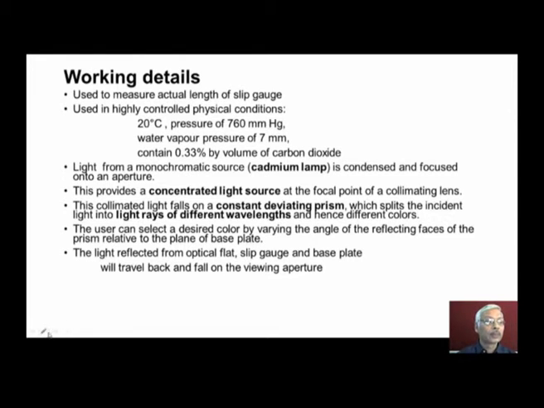Now this type of interferometer is used to measure the actual length of the slip gauge, and these interferometers are used in highly controlled physical conditions, like the temperature will be 20 degrees Celsius and the working pressure in the chamber where the workpiece is placed is 760 millimeter mercury, and water vapor pressure will be 7 millimeter, containing 0.33% by volume of carbon dioxide.